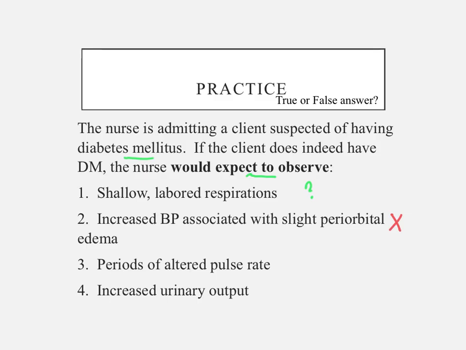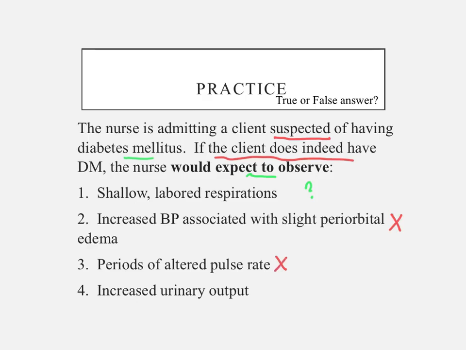I don't know if that's really on the list for something you would suspect diabetes mellitus to have. So this patient doesn't have a diagnosis yet, but they're suspected to. And if the client does indeed have it, what would we see? So I'm going to say no for the pulse rate.